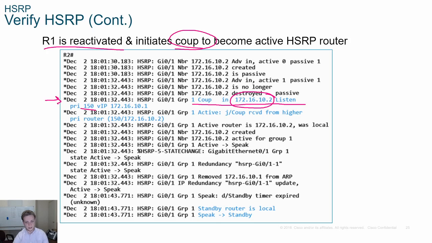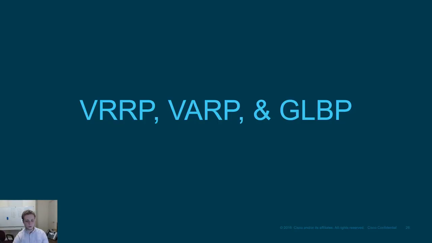And then it says, hey, we received this from a higher priority router. And then eventually, after all this stuff, we're actually going to go through active to speak, speak to standby somewhere. There it is. I was totally ignoring the blue text. Speak to standby, and we will go into standby mode, and R1 will reactivate.